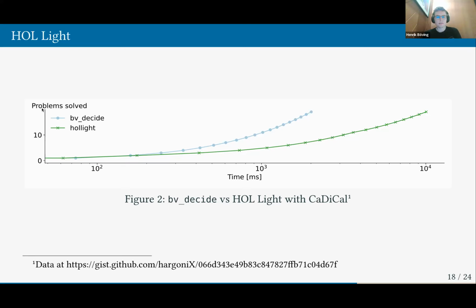So we only have like 20 problems here, so this is not really representative. But of course, we can certainly see a trend here. That being said, if there's some HOL Light people that are watching this that want to evaluate the performance further, feel free to reach out.